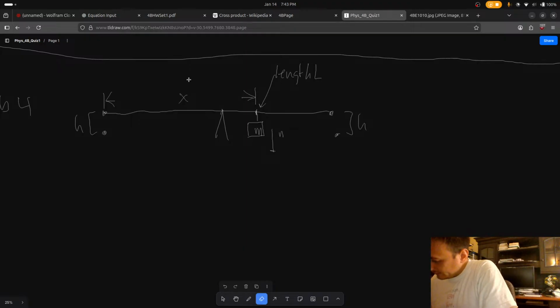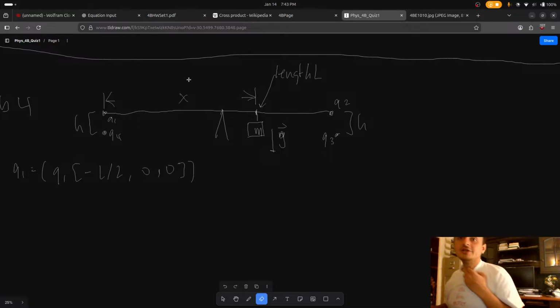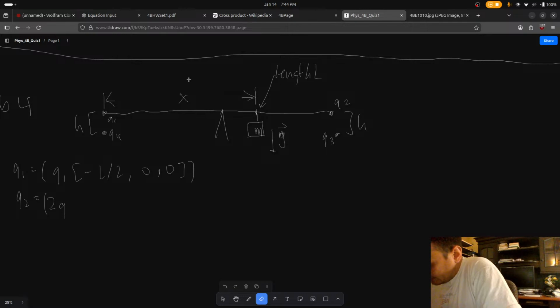This is M. This is G. Okay, so we have the gravity force. Then let's just say Q1, Q4, Q2, Q3. Now let's write the charges. Q1 is equal to Q at (minus L over 2, 0, 0). This is the full vector thing, and you need 3 components because you have torque. Q2 is equal to 2Q at (L over 2, 0, 0).